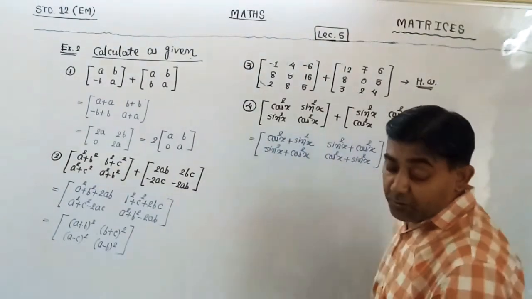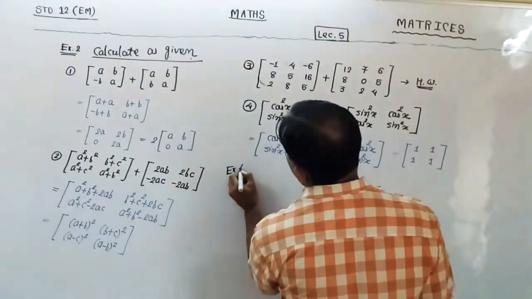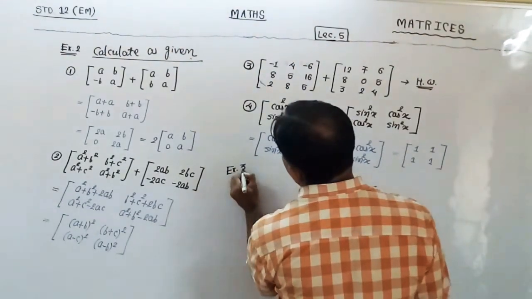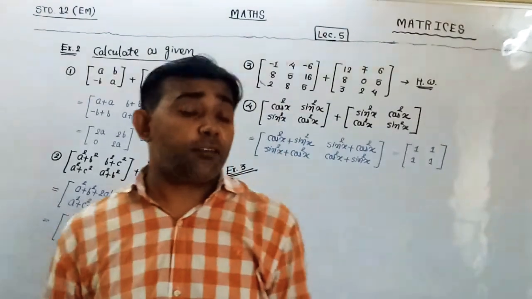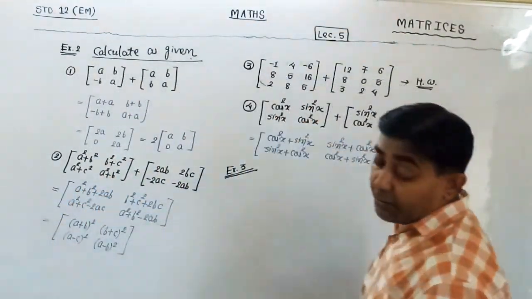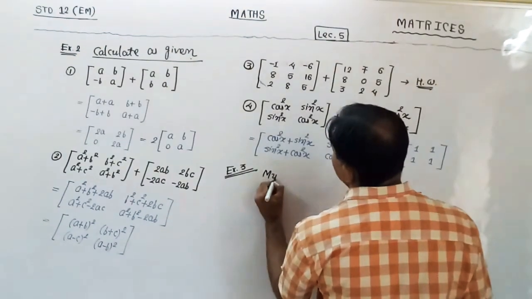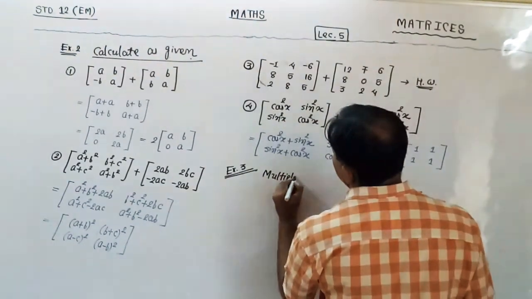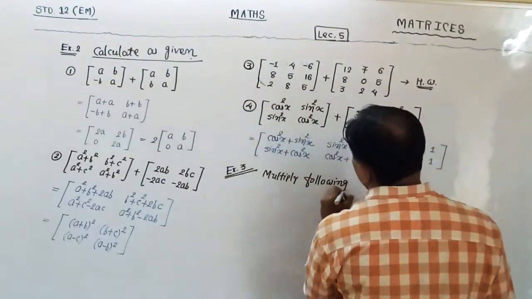Now example 3. Multiplying the following, or expand, it means multiply the following matrices as per given. Multiplication is there.